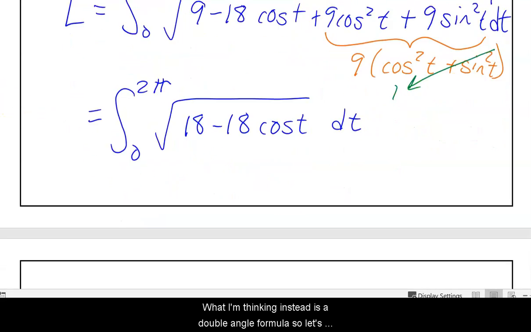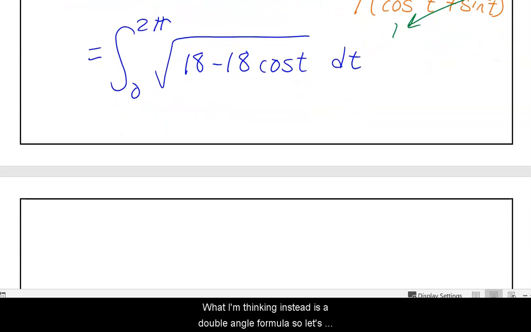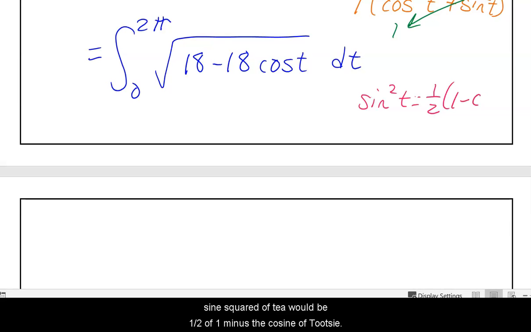What I'm thinking instead is a double angle formula. So let's see if we can work the double angle formula into this equation. So the one I'm thinking of is the one where sine squared of t would be 1/2 of 1 minus the cosine of 2t.